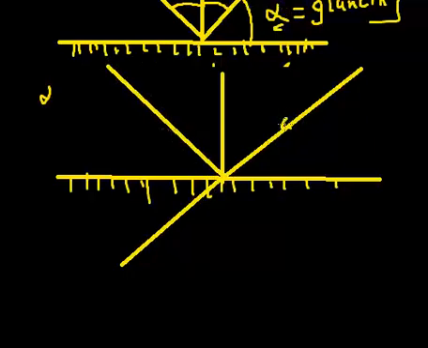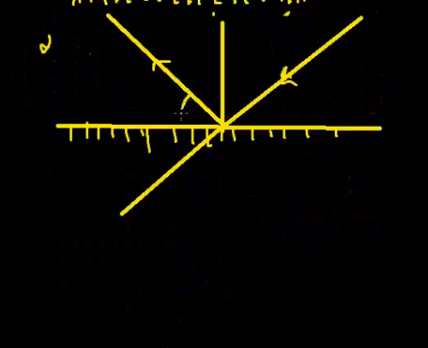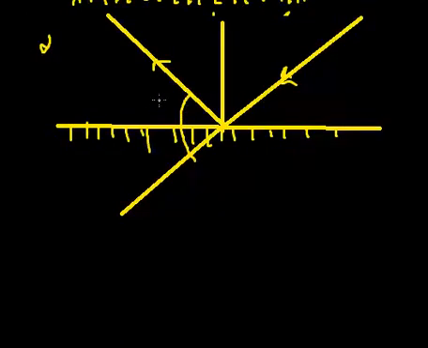So the angle between the incident ray and the reflected ray is what is known as the angle of deviation. D is called the angle of deviation.